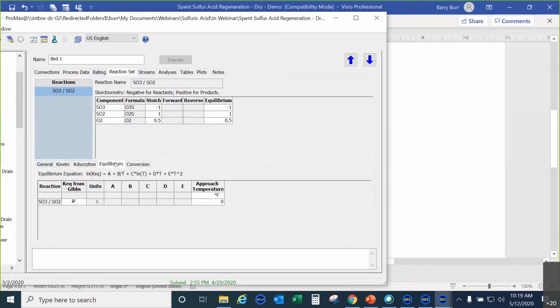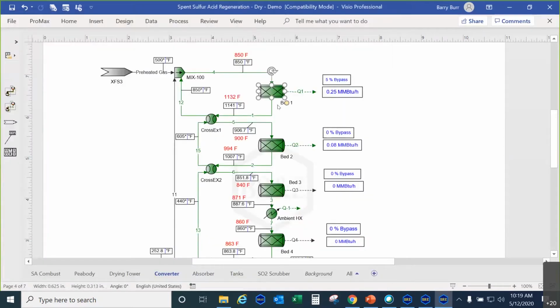It's an equilibrium reaction, and we are choosing the K equilibrium to be calculated by Gibbs minimization. So it's really the same thing as doing Gibbs minimization with only these three compounds selected. And that's what we'll do later on because it's easier. But all the beds are set up this way.